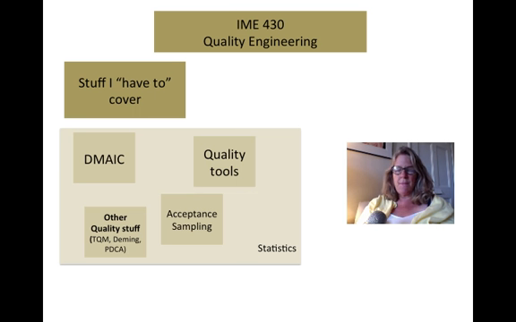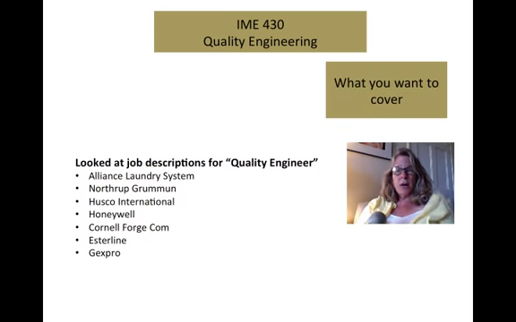Quality tools, which are things like control charts and issues like that. There's a bunch of them. Then there's some other quality stuff that I think you probably need to know, and we might be able to add and subtract from this other quality stuff area. And then acceptance sampling. This is a pretty common method in quality, so I really want you to understand acceptance sampling. But when we look at the other stuff that you want to cover, it's really open.